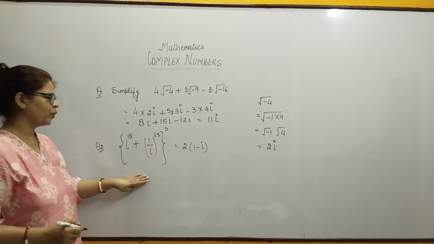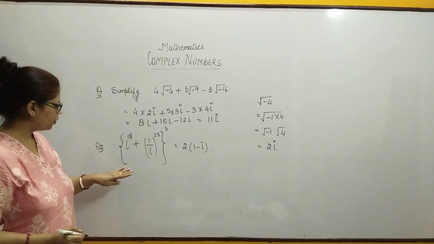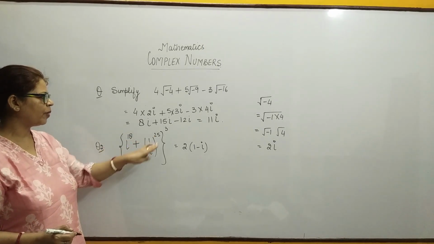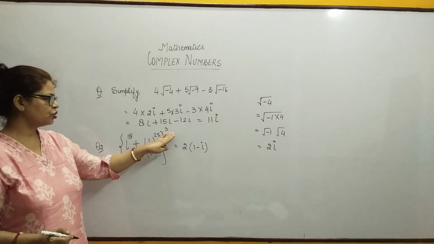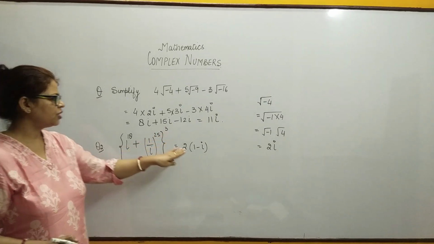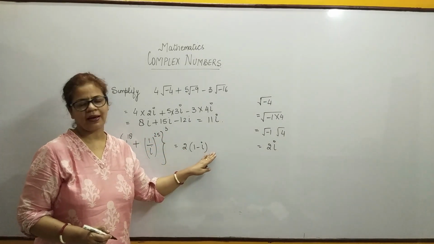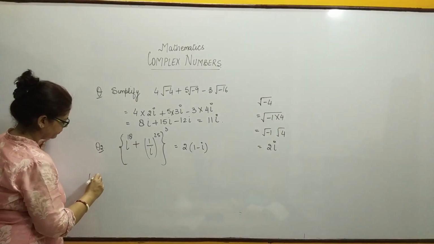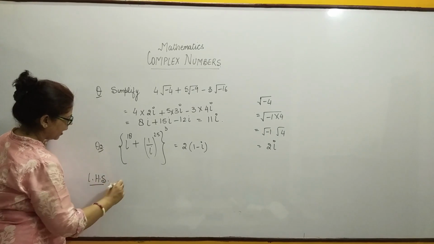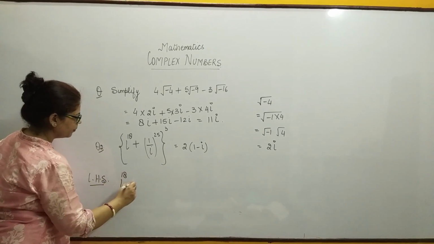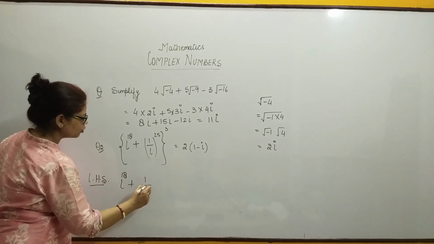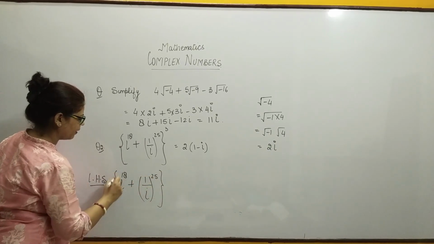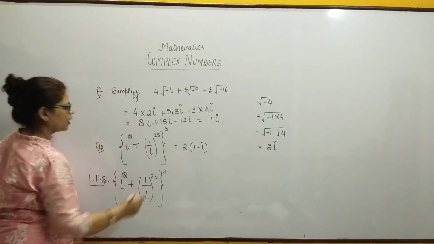Now next question. You need to prove i raised to the power 18 plus 1 upon i to the power 25, whole raised to the power 3, is equal to 2 into 1 minus i. Take left hand side. i raised to the power 18 plus 1 upon i raised to the power 25, and raised to the power 3.